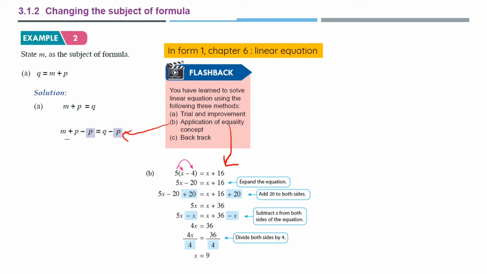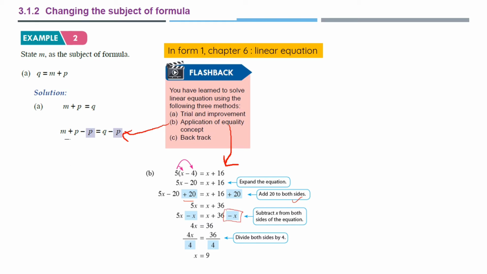When you do the equality concept here, this is just for you to remember what you have learned. When you minus 20 on the left side, you have to minus another 20 on the right side as well. Add 20 to both sides. In this example, when 5x minus x, it is also minus x on the right side.